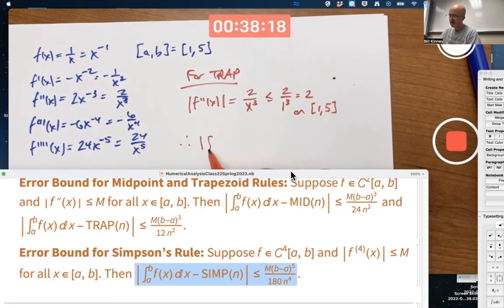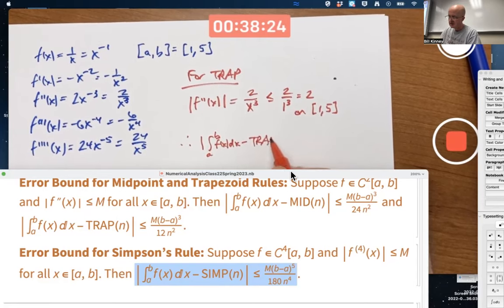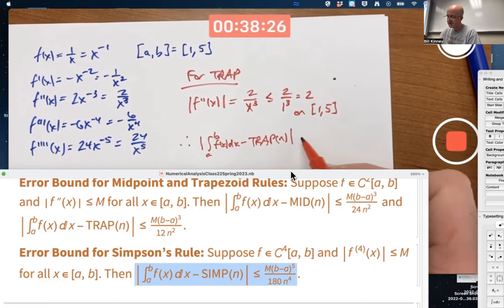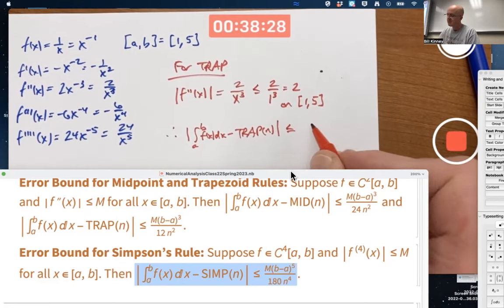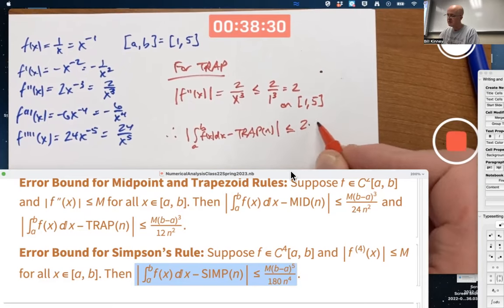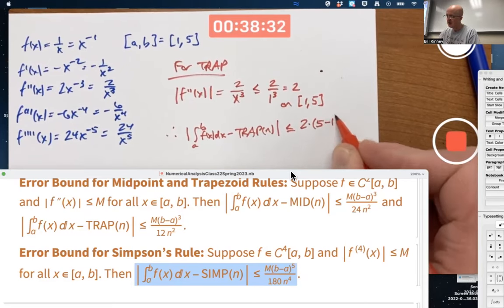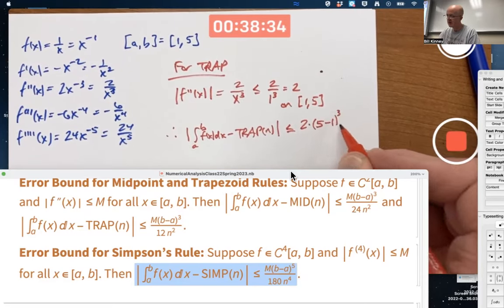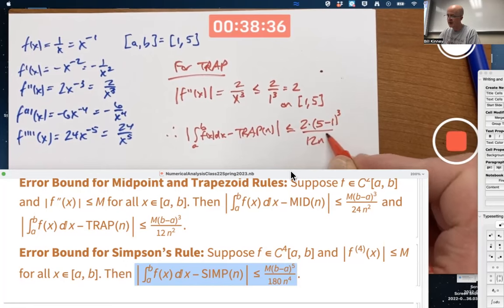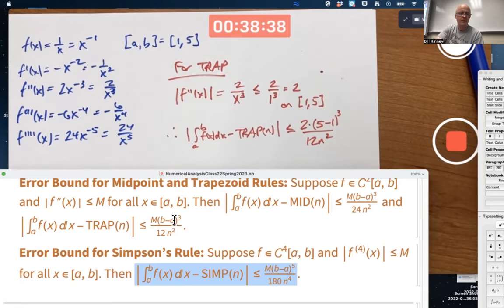Therefore, the absolute error is less than or equal to m is 2, b minus a is 5 minus 1 to the third power over 12n squared. I'm looking right here.